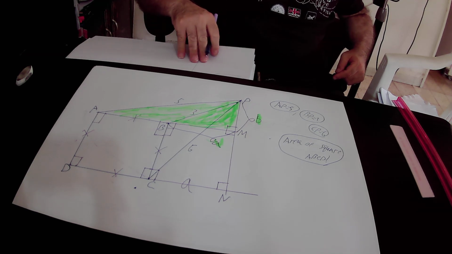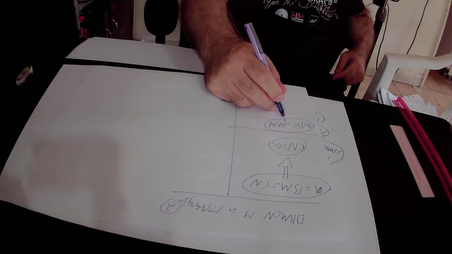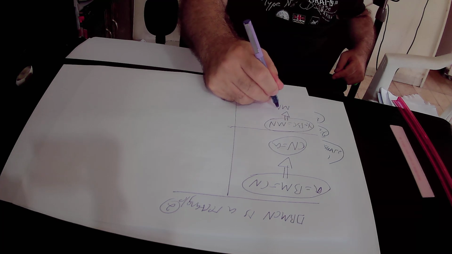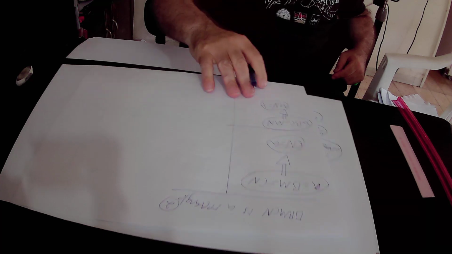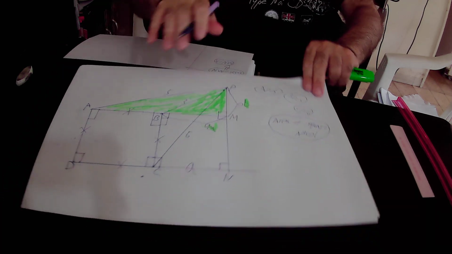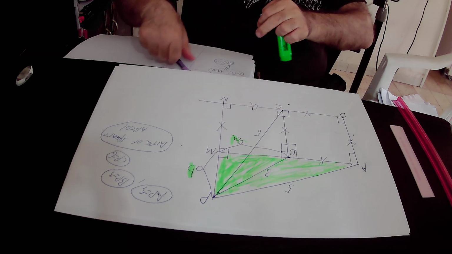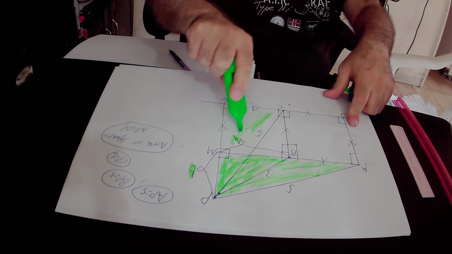And from this equation, x equals BC equals MN, we derive that MN is also equal to x. MN equals x. In the next step, we will implement the Pythagoras theorem on the right big green triangle, triangle PCN.